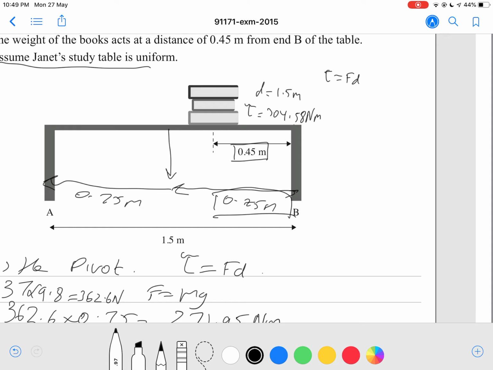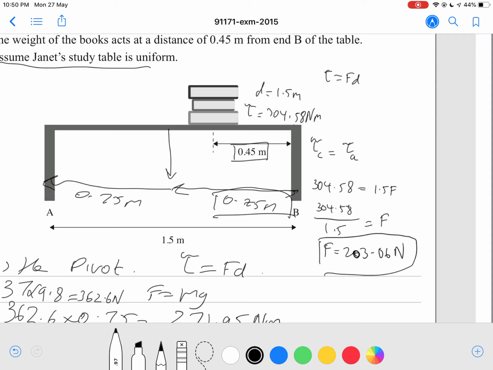Now we're trying to find the force exerted by end A. Because torque clockwise equals torque anti-clockwise, I'm going to say 304.58 is equal to 1.5 F. If we divide 304.58 by 1.5, you should get F, and that should give you 203.06 newtons. So that should be your final answer, 203.06 newtons.